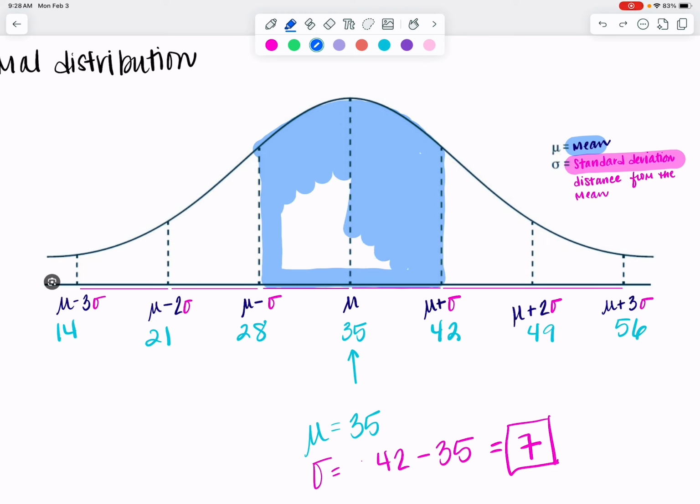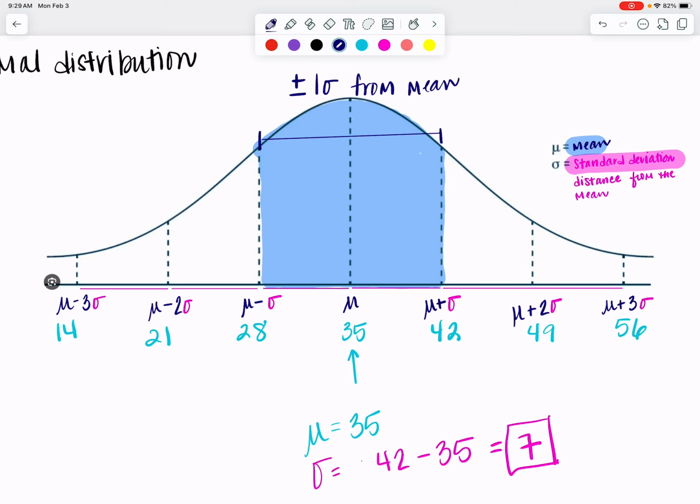But when you have a normal distribution, this distance right here between mu minus sigma and mu plus sigma. This is plus or minus 1 standard deviation from the mean.